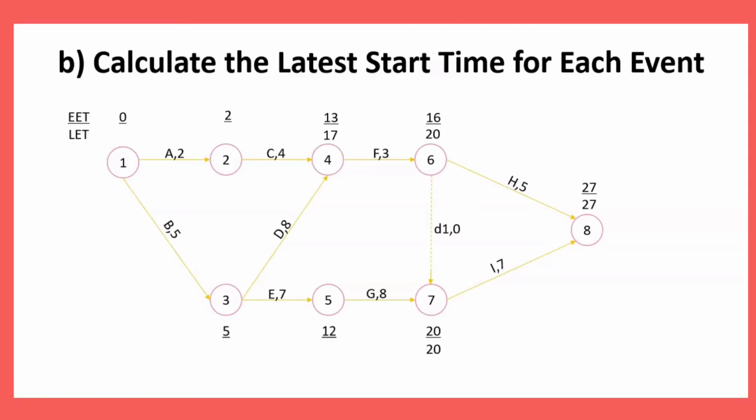And we will get 12 for the LET of node number 5.